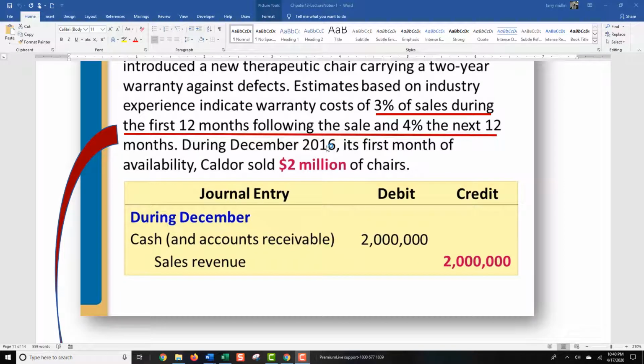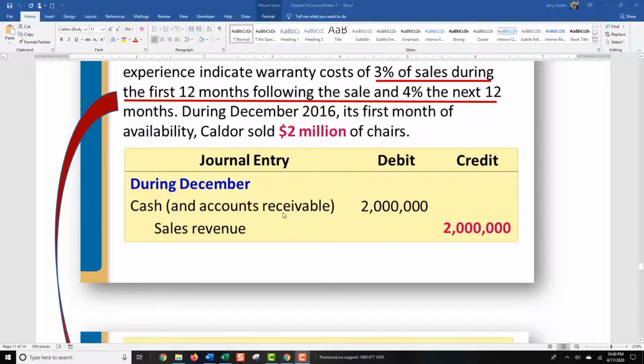During December 2016, its first month of availability, Caldor sold $2 million of chairs. So the cash they received was $2 million and their revenue was $2 million, right?